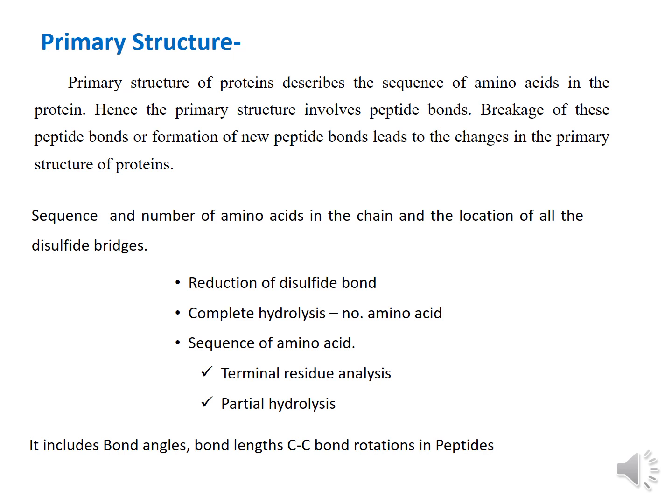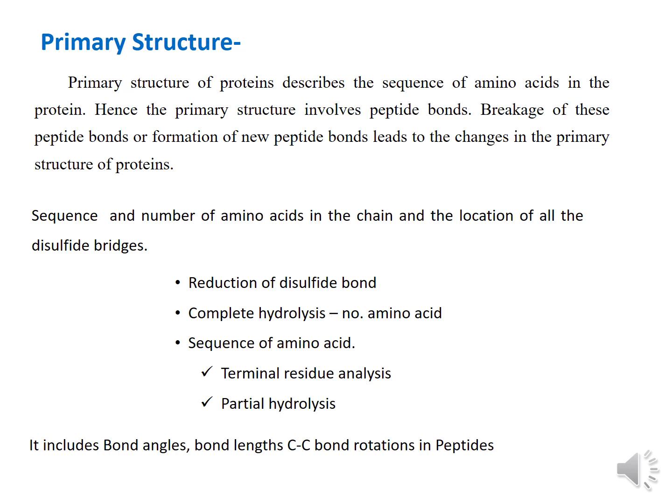It also describes the sequence and the number of amino acids in the chain and the locations of all the disulfide bonds. Remember, on complete hydrolysis of proteins, one could determine the number of amino acids which are available, alpha amino acids.